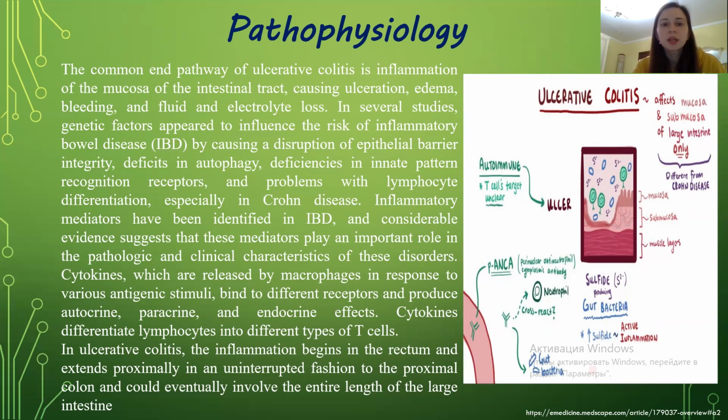Cytokines differentiate lymphocytes into different types of T cells. In ulcerative colitis, the inflammation begins in the rectum and extends proximally in an uninterrupted fashion to the proximal colon and could eventually involve the entire length of the large intestine.